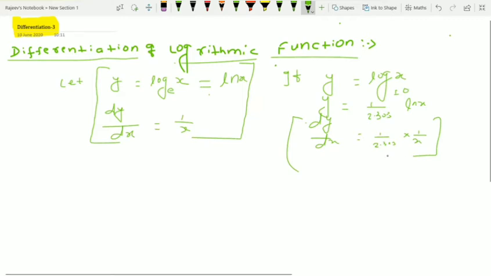Is there any issue? I think there should not be any kind of issue. Yes or no? Yes, tell me. No, sorry, this is wrong. We should multiply by this one, not divide by this one. Just hold. This result should be multiplied, not divided.